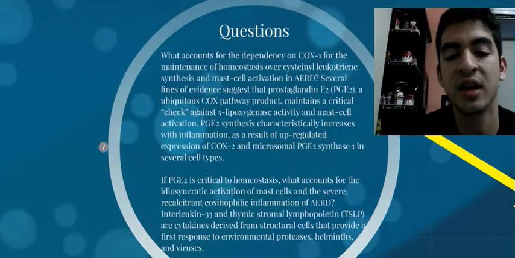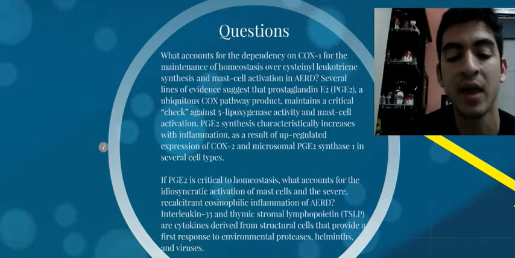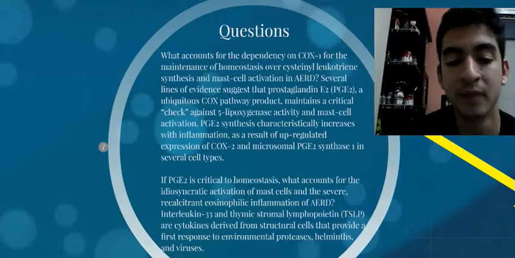PGE2 synthesis is characteristically increased with inflammation as a result of upregulated expression of COX-2 and microsomal PGE2 synthase in several cell types. If PGE2 is critical to homeostasis, what accounts for the idiosyncratic activation of mast cells and the severe recalcitrant eosinophilic inflammation of AERD?